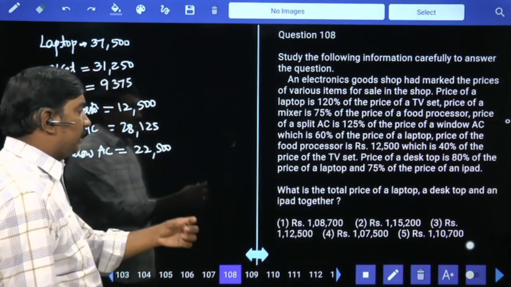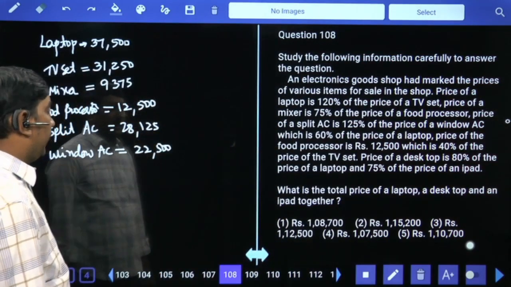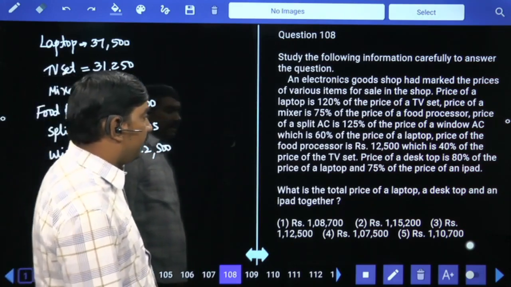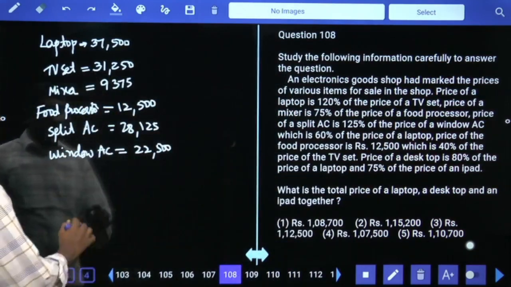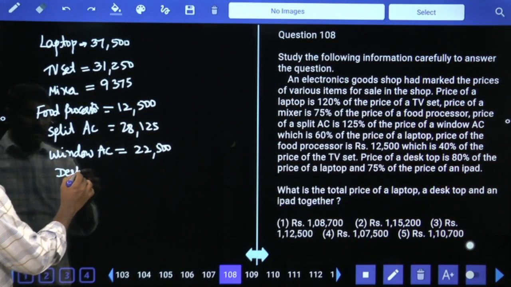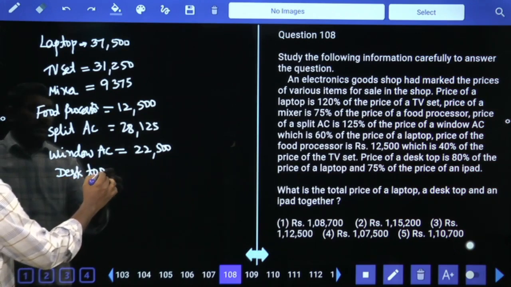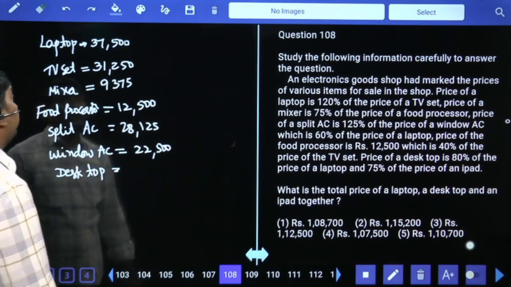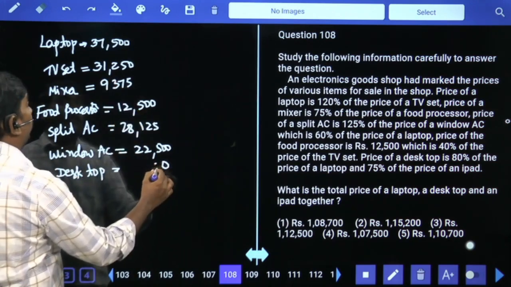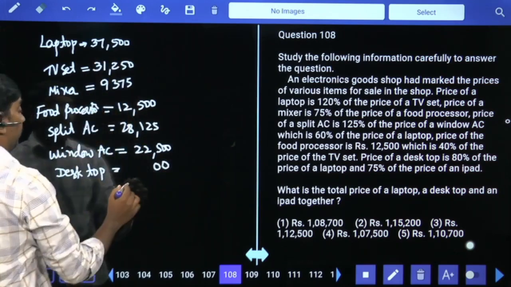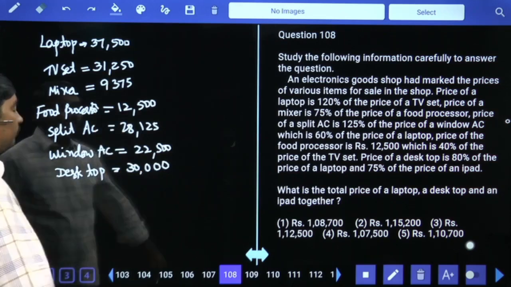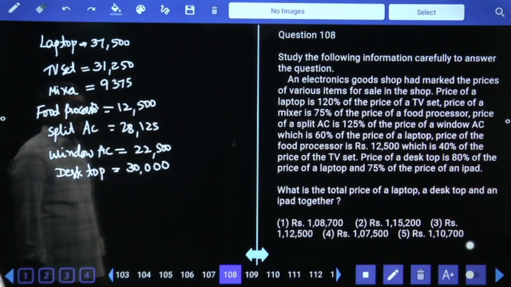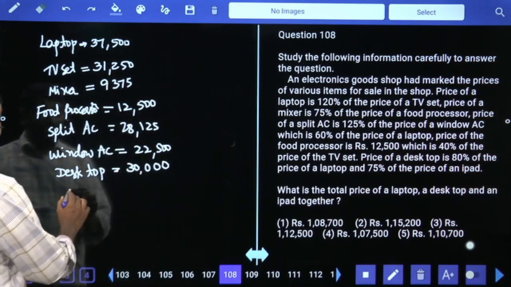What is the total price of a laptop, desktop and an iPad together? Still the iPad price is missing, so we need some more data. The price of a desktop is 80% of the price of a laptop, which gives 30,000. And the desktop is 75% of the price of an iPad.